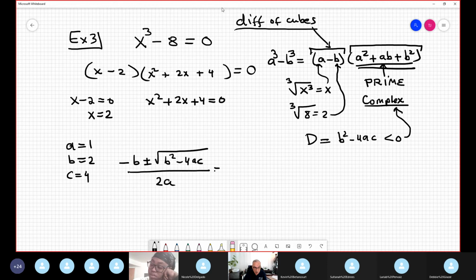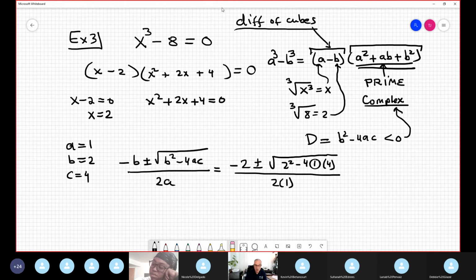Okay, plugging in. X equals minus 2 plus or minus the square root of B squared, which is 2 squared, minus 4 multiplied by A, which is 1, multiplied by C, which is 4, divided by 2 times 1.